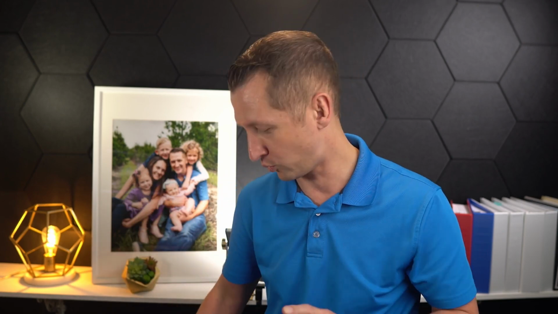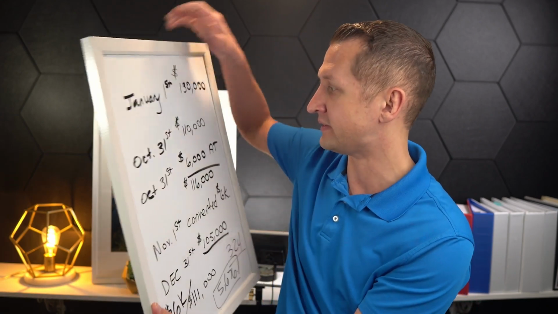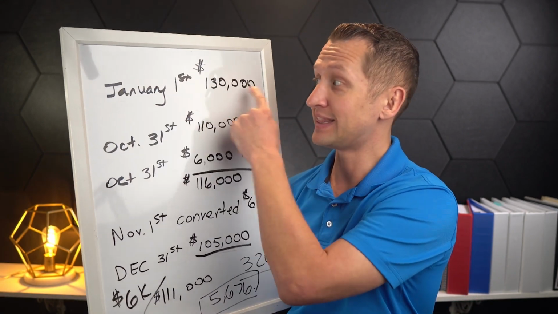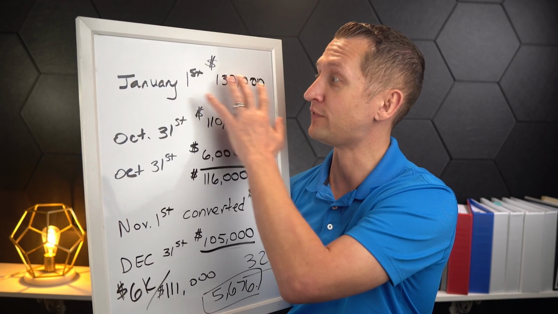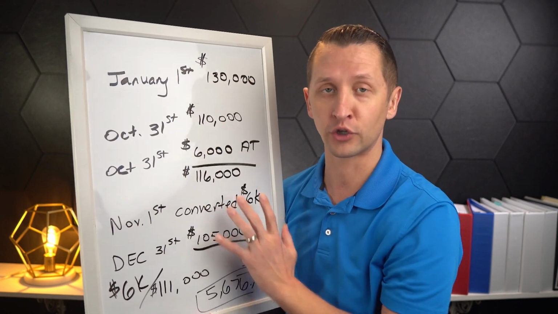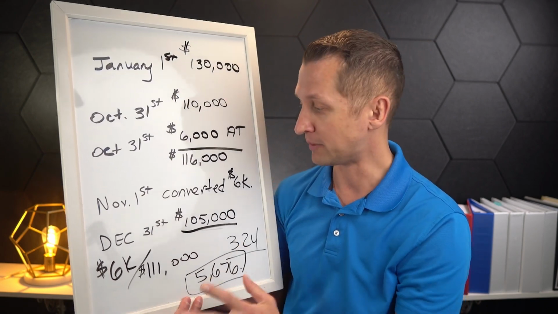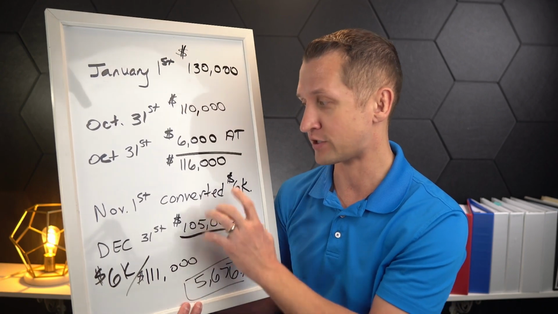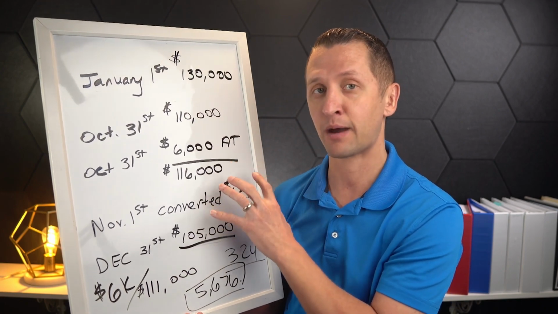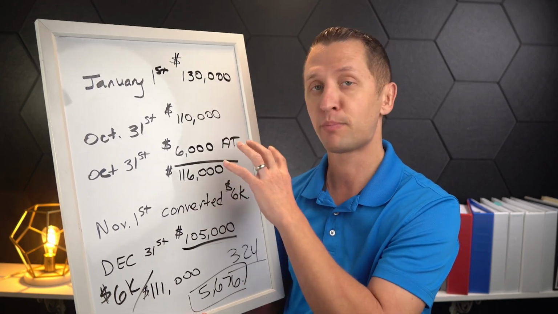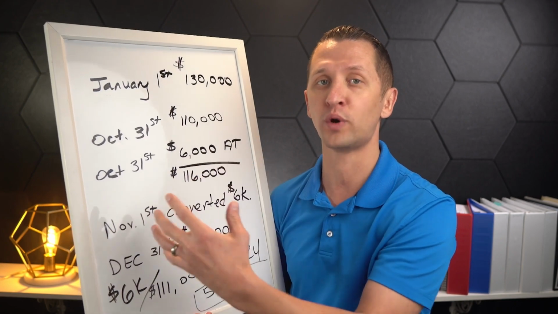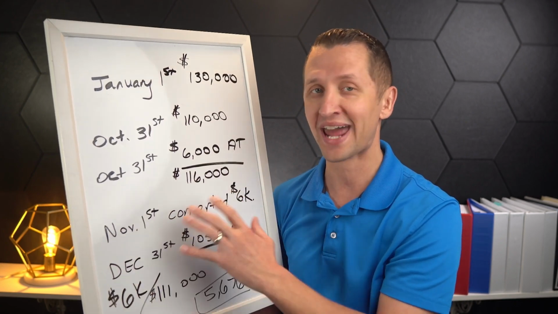But then we're also going to take a quick look at Form 8606 so you can see how this is tracked. But before we go on, I do want to point out that these dates and these numbers were irrelevant. I just wanted to give you a baseline of all the numbers that you're going to look at throughout the course of the year. The important ones were the December 31st balance, the amount that was converted, and how much your basis was, so how many after-tax dollars you already had in your IRAs, which we didn't have any.